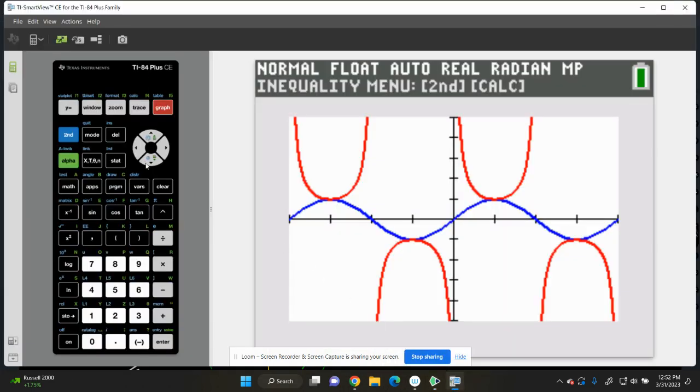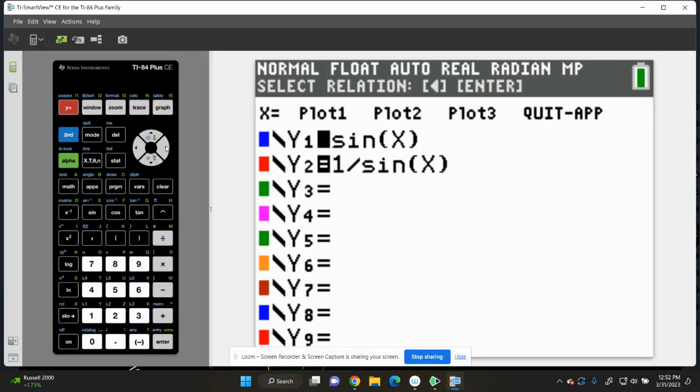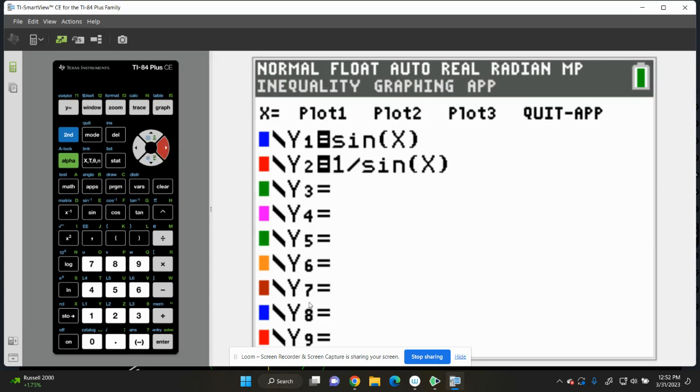So let me put that on the graph here. So 3 times cosecant is 3 times 1 over sine. So I can enter that as 3 over sine. 3 times 1 over sine is 3 over sine. Does everybody understand that? Okay.